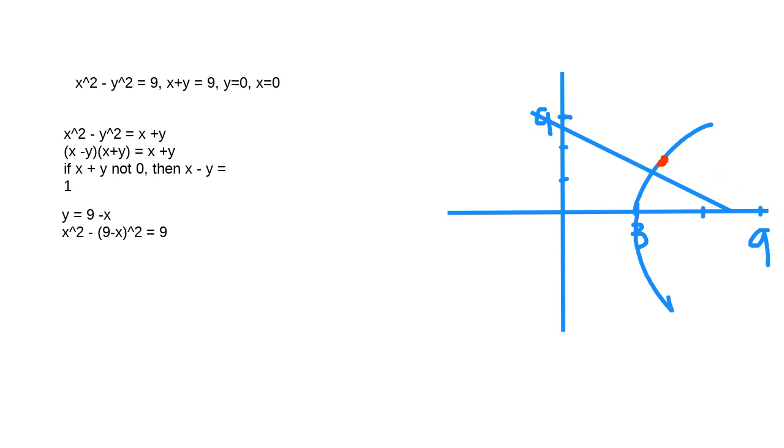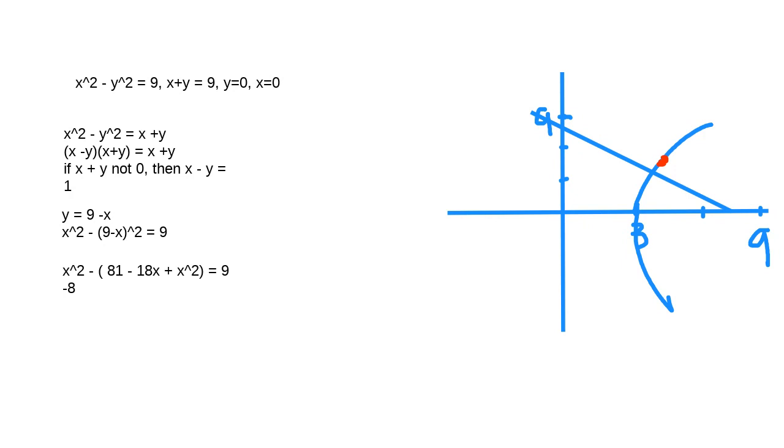So we get 81 minus 18x plus x squared, and that equals 9. x squared minus x squared is gone. We could do that too, because we're working in the first quadrant. Yes, there are different ways of doing this.